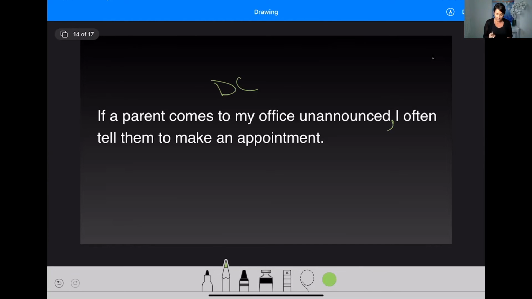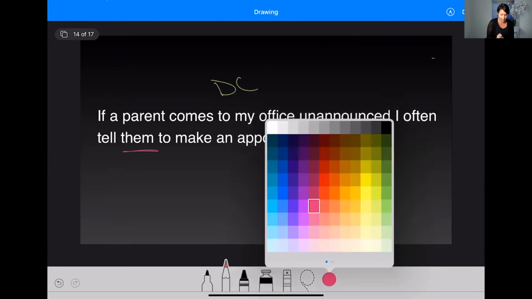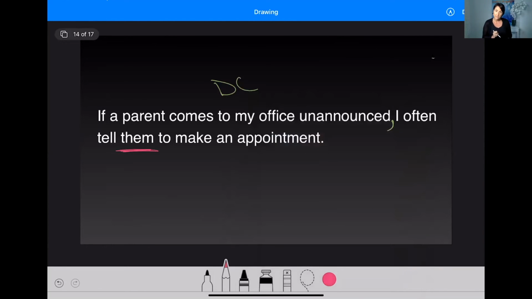Remember what I said, when you see the word their or them, slow down and check your subject. Most people speak like this constantly. You will hear this all day, every day. If a parent comes to my office, I tell them to make an appointment. No, a parent is one parent. Them is a plural pronoun, more than one person.